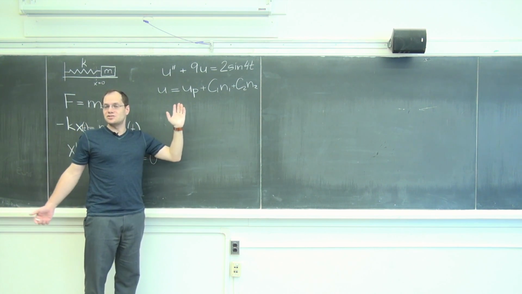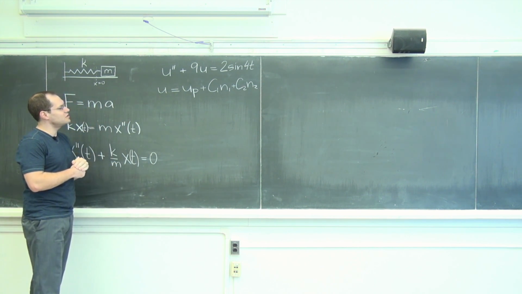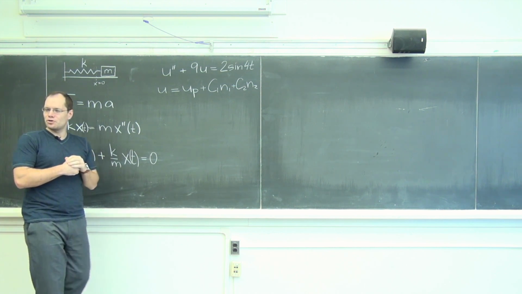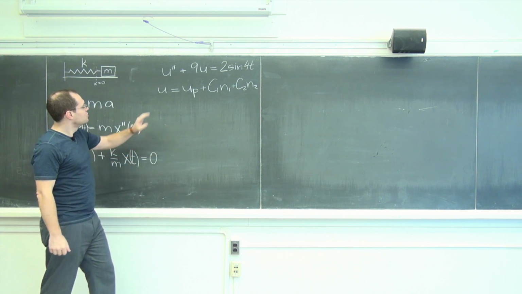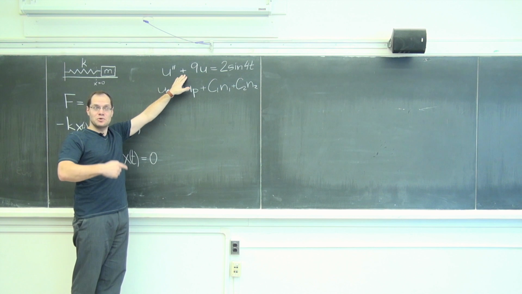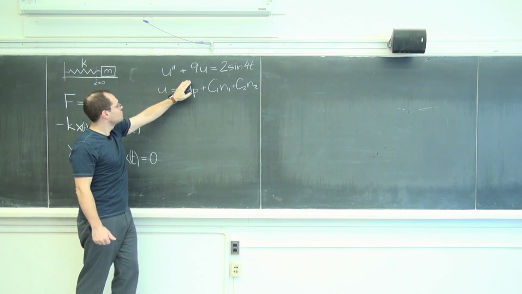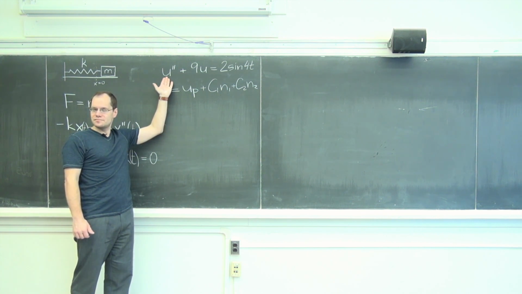Okay, once again, shall we start with a particular solution? Can we kind of guess? I think it's not so hard to guess that it should be proportional to sine 4t. You guys agree? If there was a middle term with a u prime, then maybe not, because then we would pick up a cosine. But with the u prime term missing, this will give minus 16 sine t.